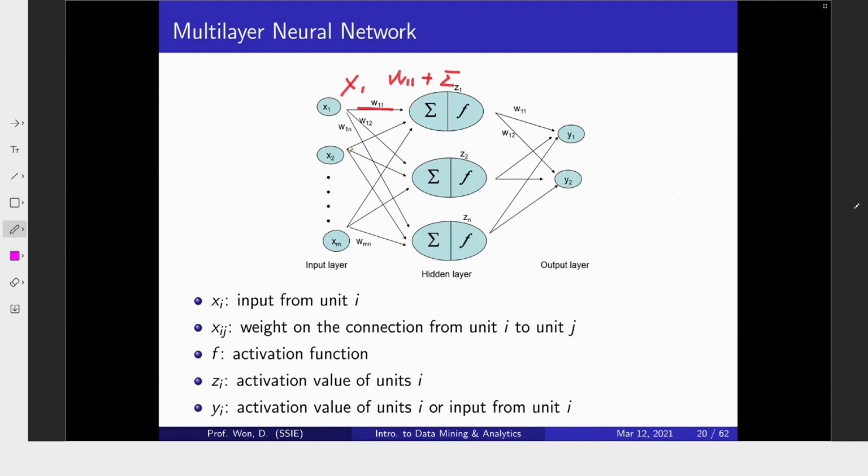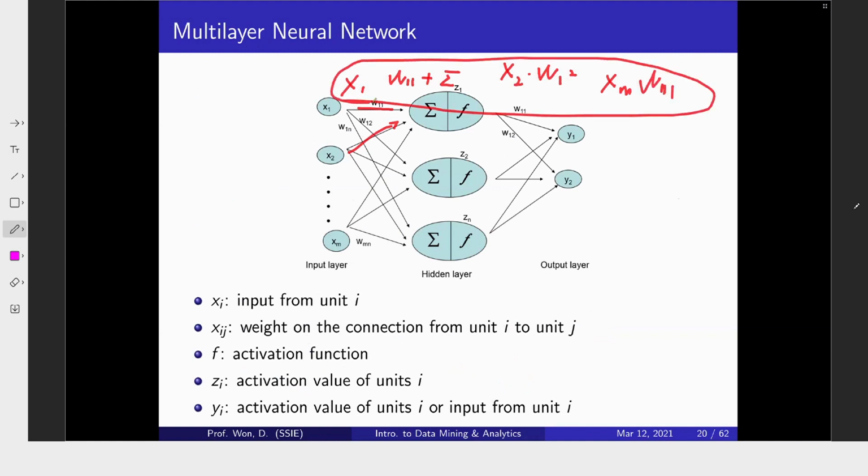And in this case, also x2 multiplied by w12, and here xm multiplied by wm1. Then we sum up all these values, and based on this summation we make some decision with activation function f. For example, if the summation value is bigger than 0.5, then your answer is something.